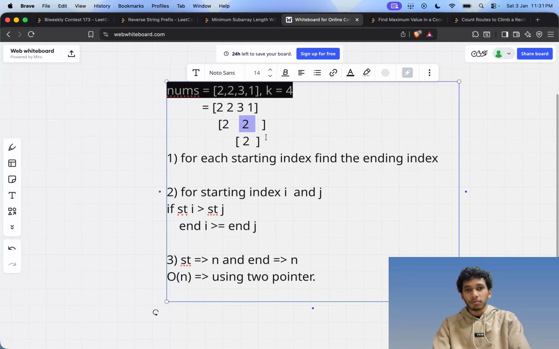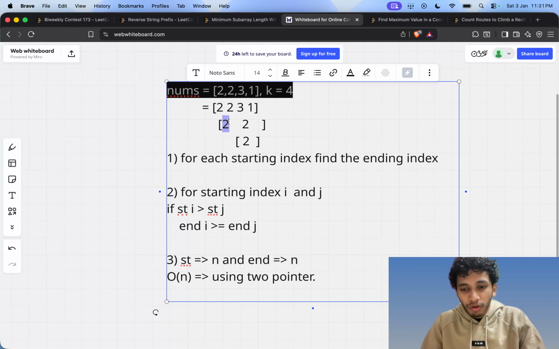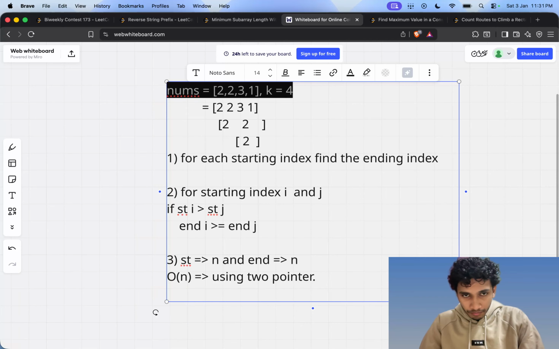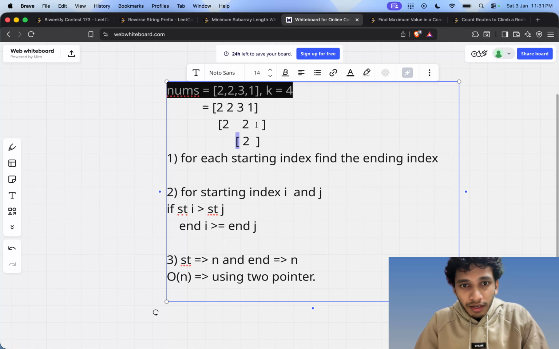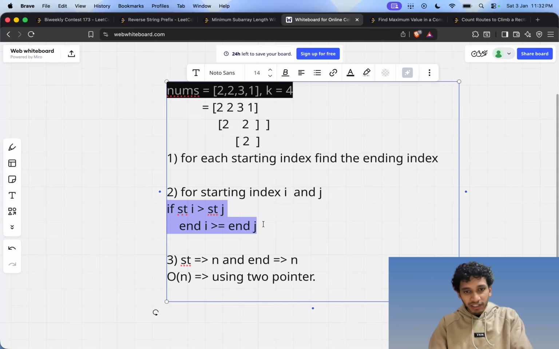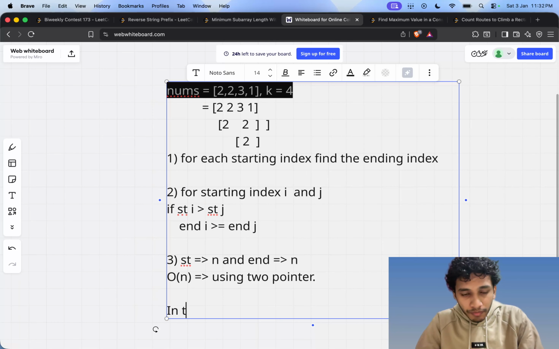So there can be a possibility that a smaller ending index gives sum greater than or equal to k in this part. But if we think of it in a different order, let's say we do not consider this 2 in our answer, we have cut over this 2 and start considering this 2 now. These two cases are similar. So if the sum ends at this portion, that is this j for this i, then it ends at this j also for this i. All right, so monotonicity over j holds in this variation.